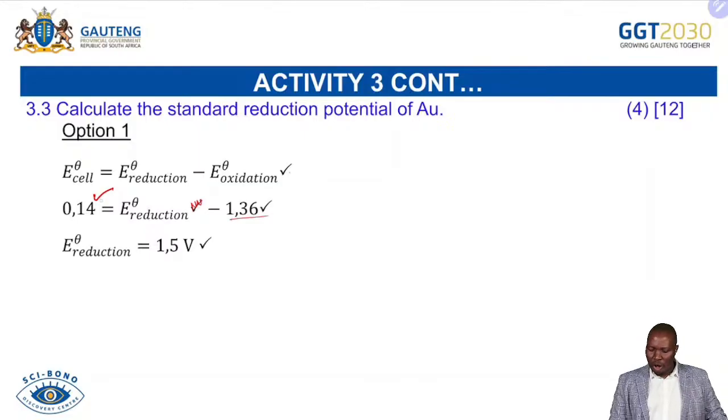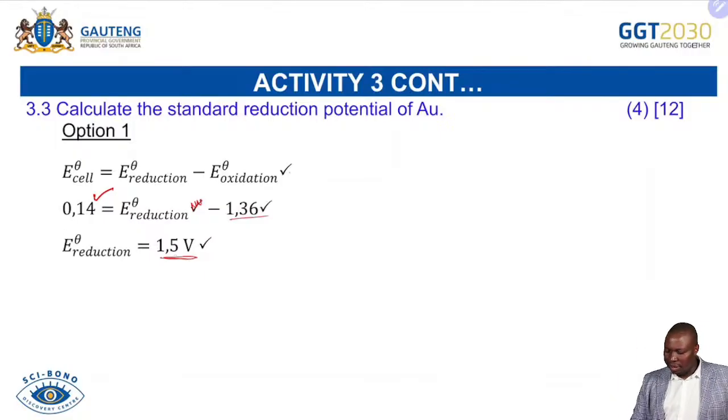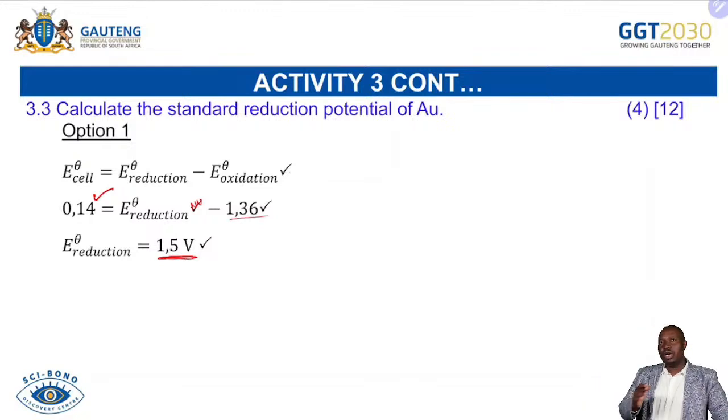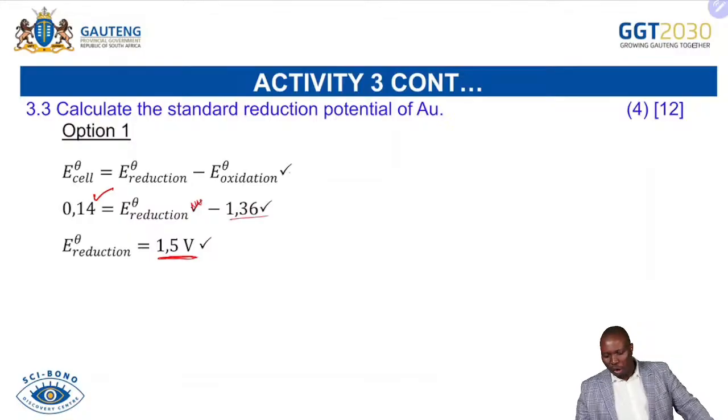Then you are able to calculate the E reduction. Remember, when you transpose, you take minus, come this side, it becomes positive. Definitely you get the standard reduction potential of gold as 1.5 volts. So you are able to get your answer, and you are celebrating.